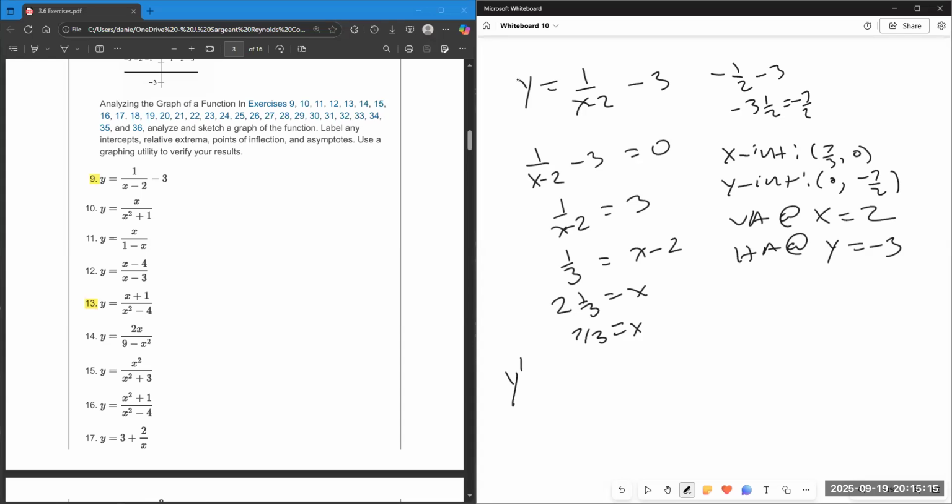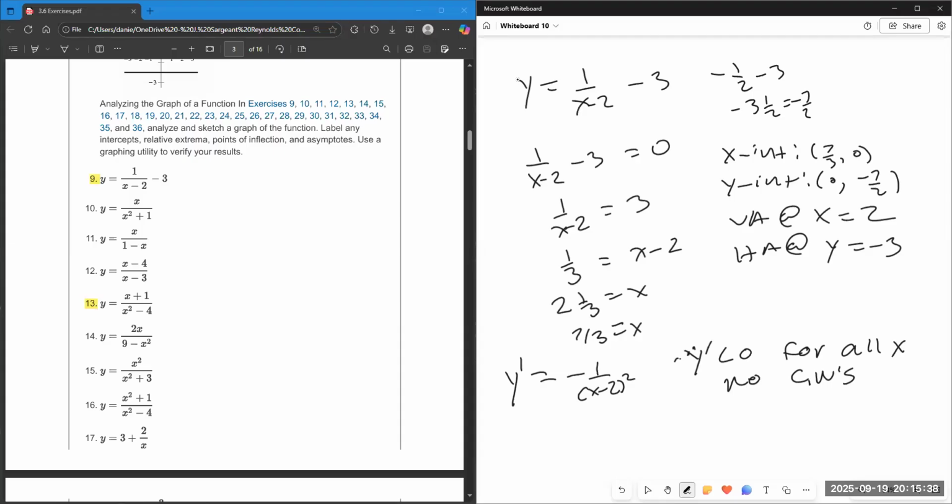Let's prove that. y prime is negative 1 over x minus 2 squared. That's always negative. y prime is less than 0 for all x, so no critical numbers.